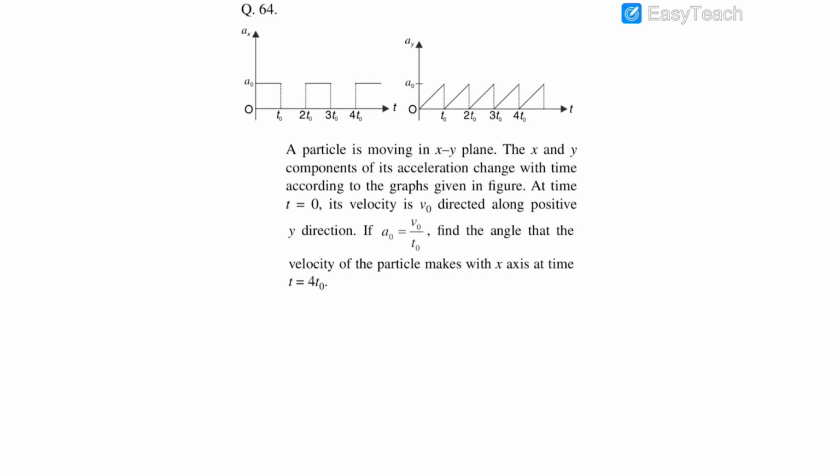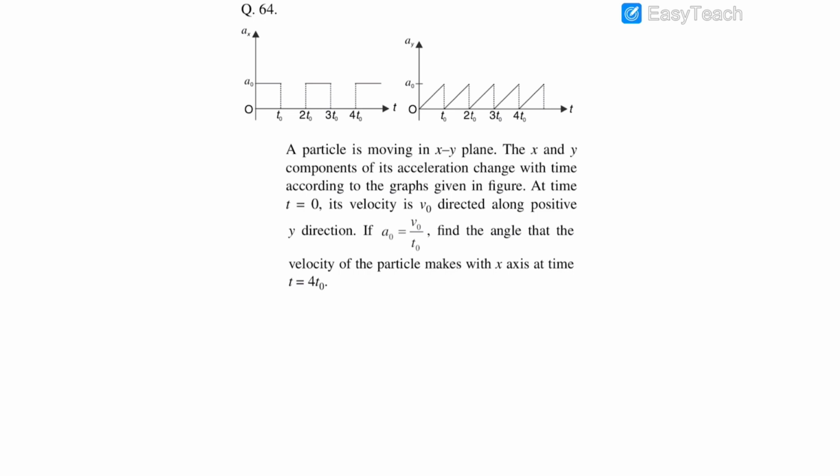In this question, you can see that a particle is moving on a xy plane and its acceleration time graph is given. This is the acceleration time graph in x direction, and this is the AT graph of y direction. Initially its velocity was v naught in y direction, and at t is equal to 0 the particle was at origin.